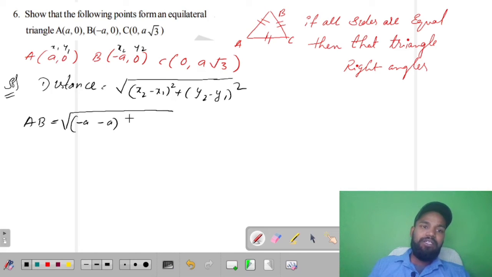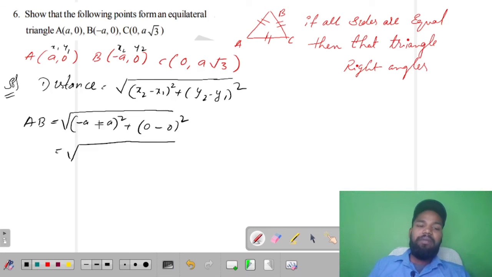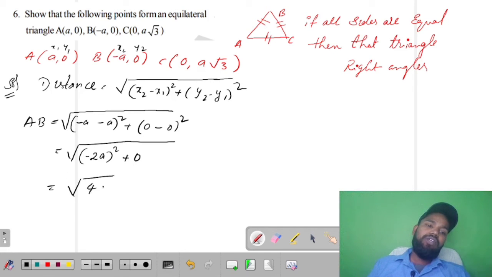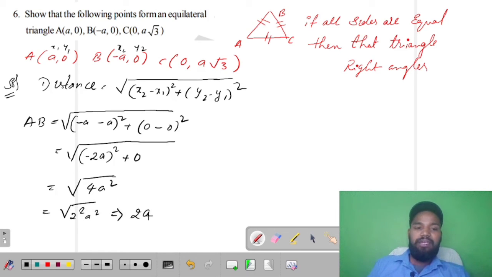Next, plus y2, which is 0, minus y1, which is 0. So that is minus a minus a, that is minus 2a whole square, plus 0, that equals 4a square. We can write 4a square as 2 square into a square, that is equals 2a. Am I clear? AB equals 2a.